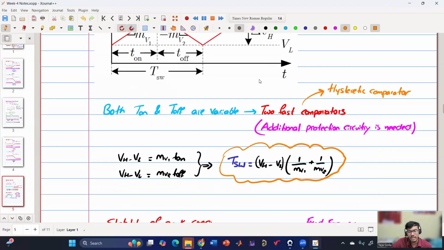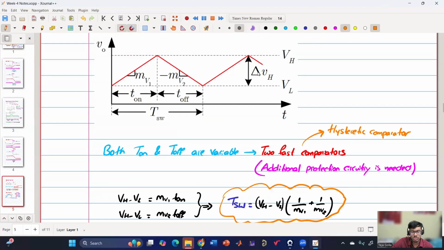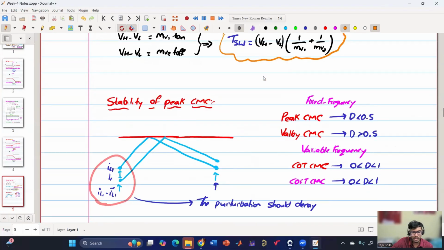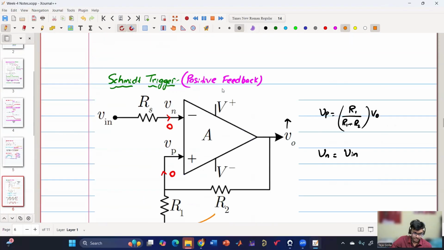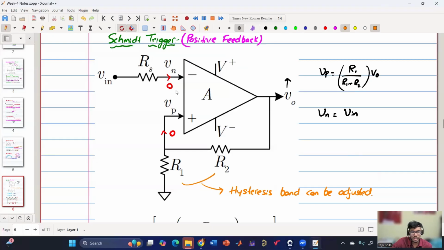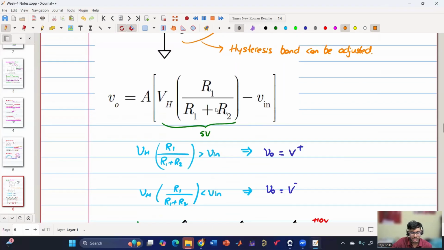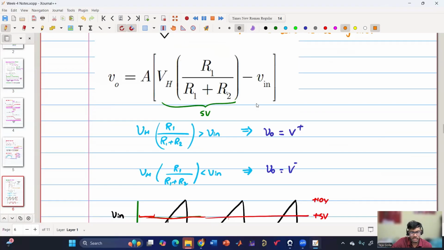And also we have seen a hysteretic comparator can be used for the implementation of the same. So we have moved to the hysteretic comparator. One example is the Schmitt trigger, where it has positive feedback, and we have seen the input and output relation and how we can get the output waveform if the input is varied.